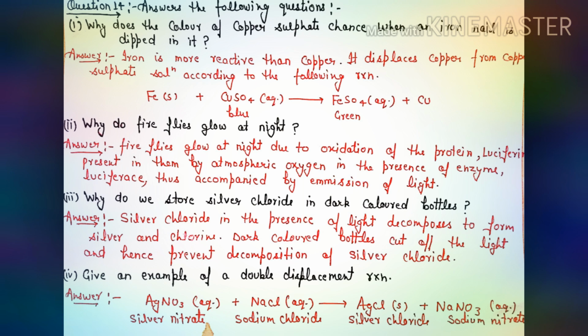Part 3: why do we store silver chloride in dark colored bottles? The answer is silver chloride in the presence of light decomposes to form silver and chlorine gas. Dark colored bottles cut off the light and hence prevent decomposition of silver chloride. Part 4: give an example of double displacement reaction, which is already given.